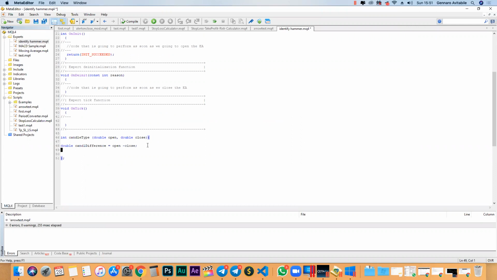The next thing we want to do is to understand if, all right, candle difference is equal to open minus close. It doesn't do autocomplete, candle difference.